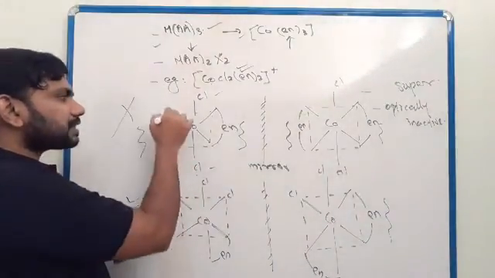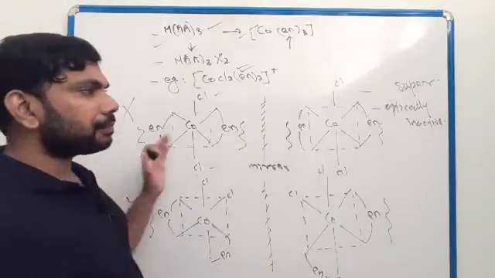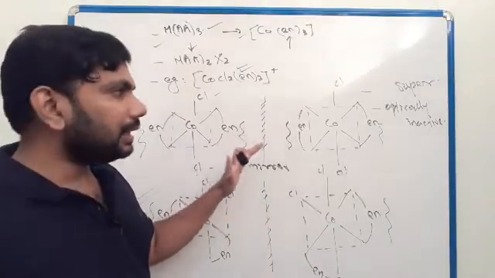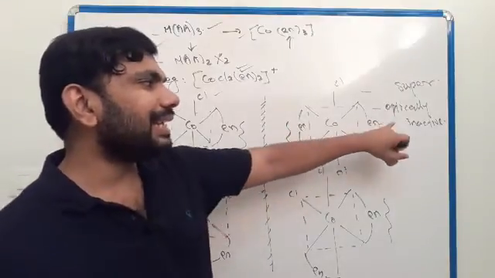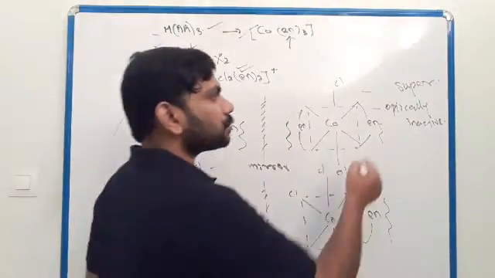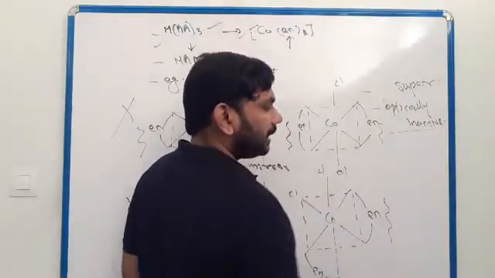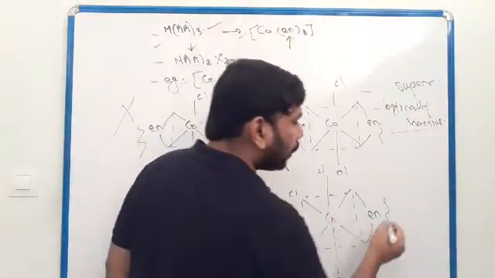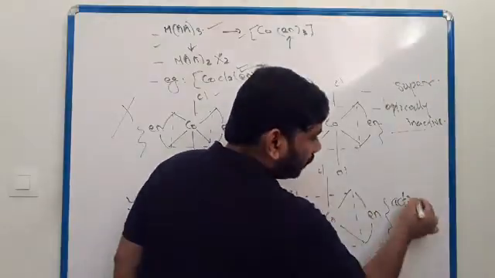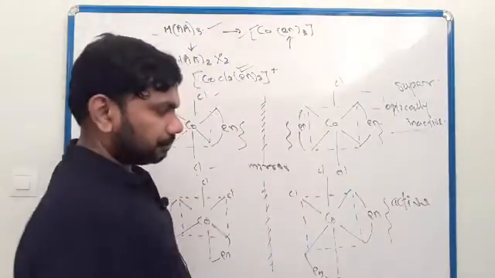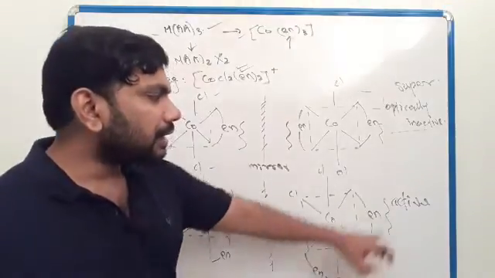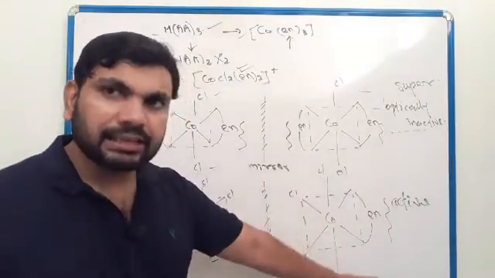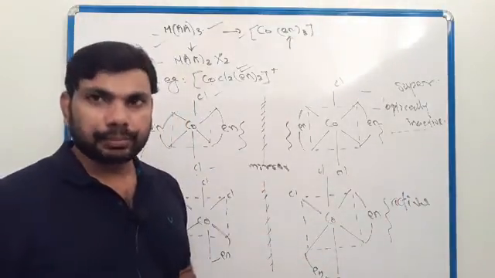These structures are not optical isomers, they are optically inactive. We will say this word: they are optically inactive, and these are optically active. If these structures are not superimposable, they are optically active and they are optical isomers.